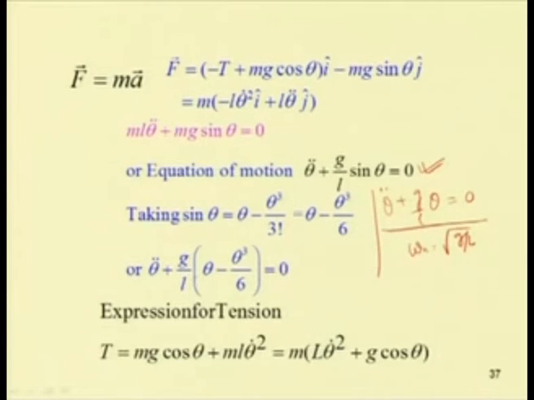One can write the expression for tension in this form also: T equal to mg cos theta plus m L theta dot square, or equal to m into L theta dot square plus g cos theta, by taking m common. This way one can find the governing equation of the system by applying Newton's second law.